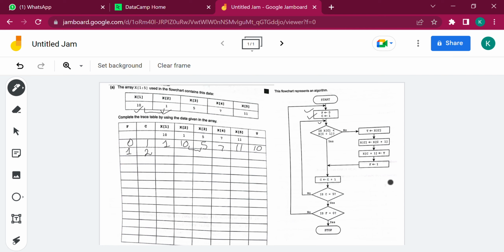What we are going to do is write x of c here. Wherever I write this indicator, it means that we are comparing two values, right? So now we shift 10, this x of c, to this location, and then we write x of c plus 1 to x of c.